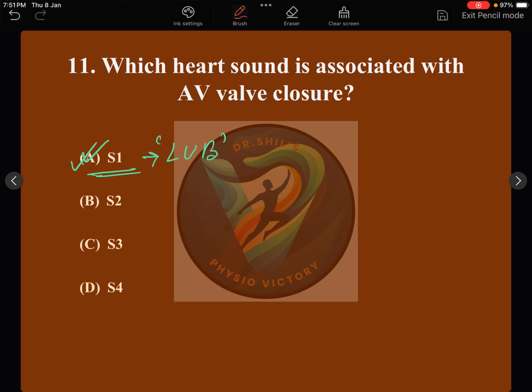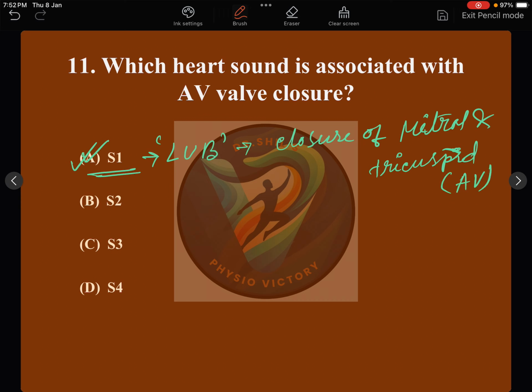S1, which is also called lub, results from closure of the mitral and tricuspid valve, also called atrioventricular valve.